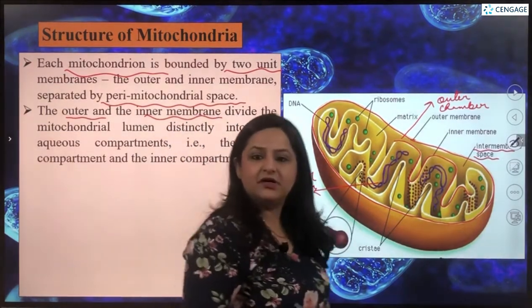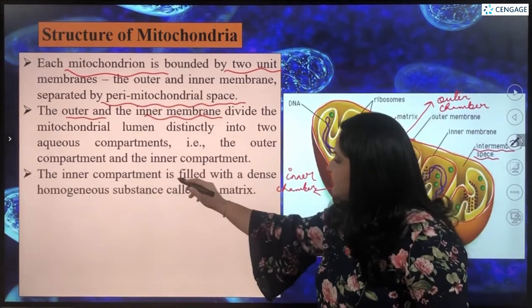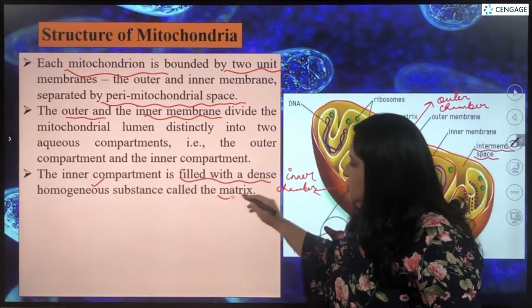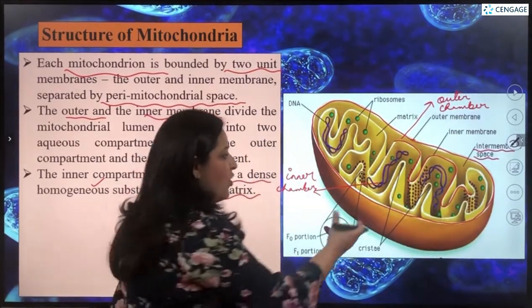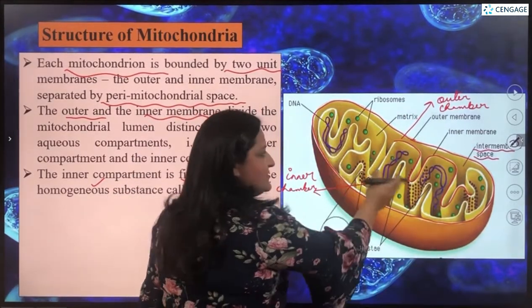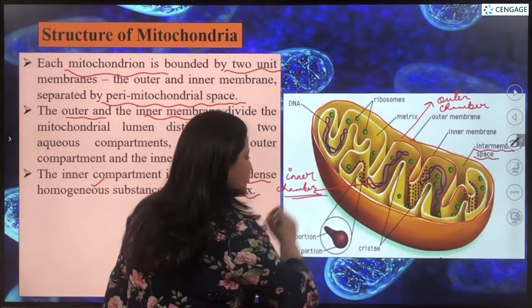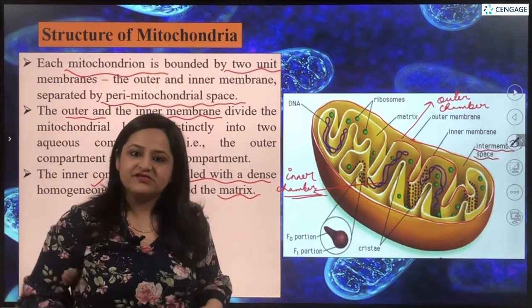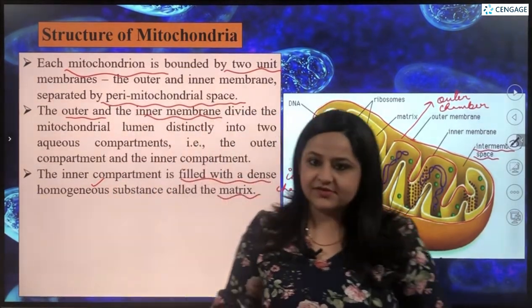The inner chamber or the inner compartment is filled by a dense homogeneous substance which is also known as the matrix or the ground substance.